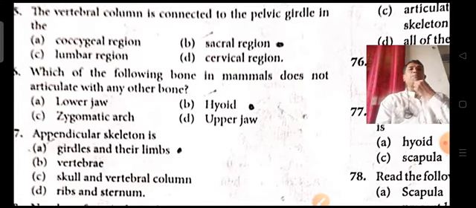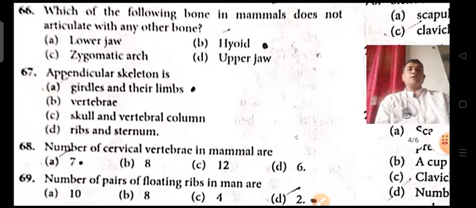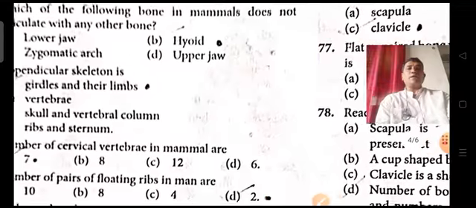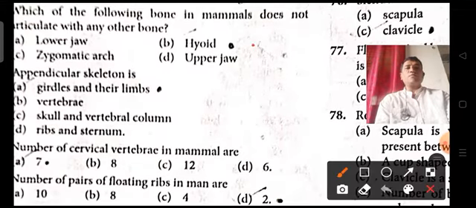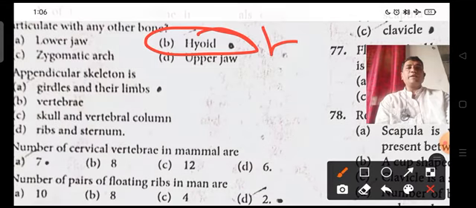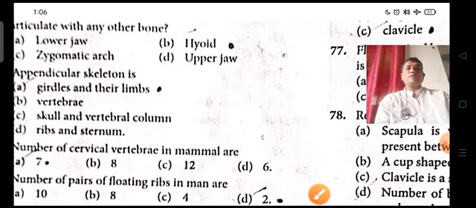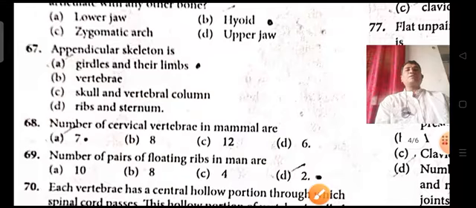It serves as a point of attachment for some of the muscles of the tongue and floor of the mouth, but does not articulate with, or connect to, other bones. So the answer for this is hyoid bone, option B.